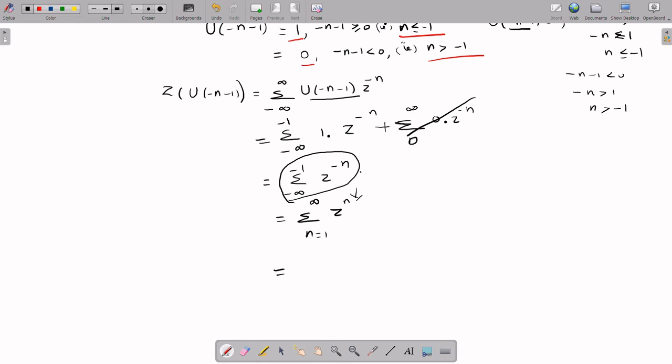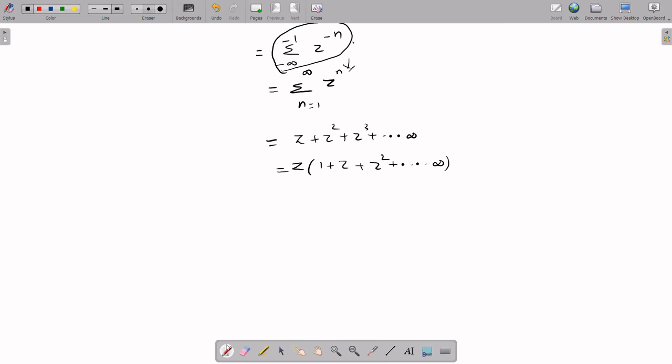When you substitute n is equal to 1 here, z plus z squared plus z cube plus etcetera, up to infinity it will go, and z you can take outside. So when you take z outside, you have 1 plus z plus z squared plus etcetera, up to infinity, isn't it?